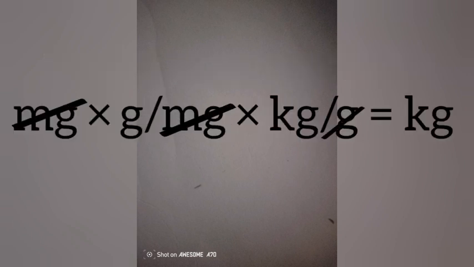You have to look at the unit conversion expression. Now, look at it. Milligram times gram over milligram times kilogram over grams equals grams. As you look at it, milligram will cancel milligrams, and then grams will cancel grams, and what you have there is just grams. Take time to study this.